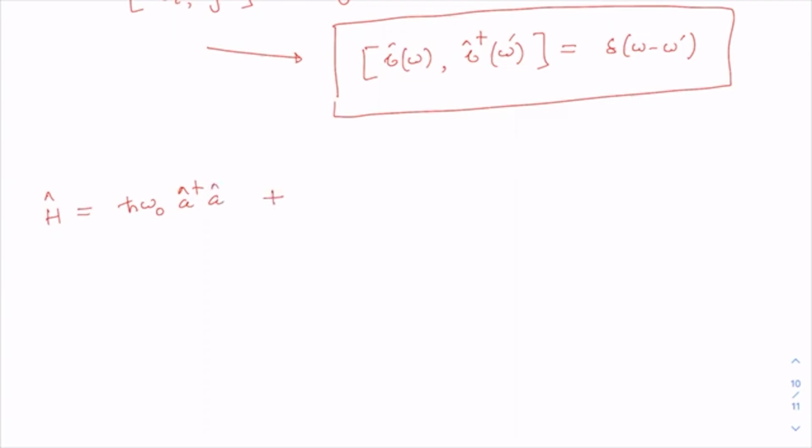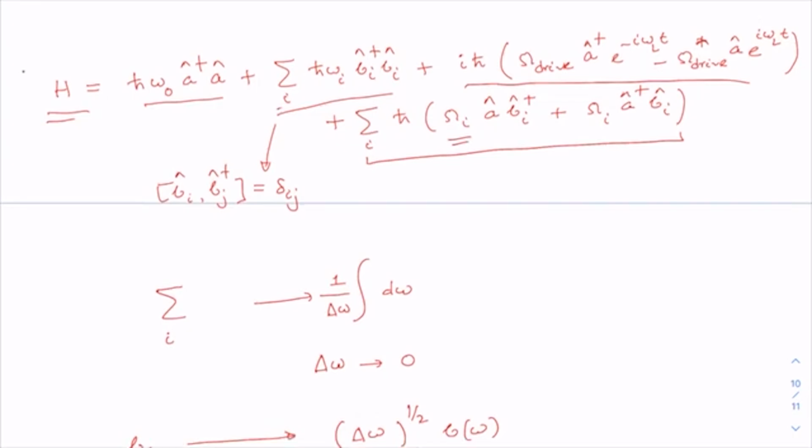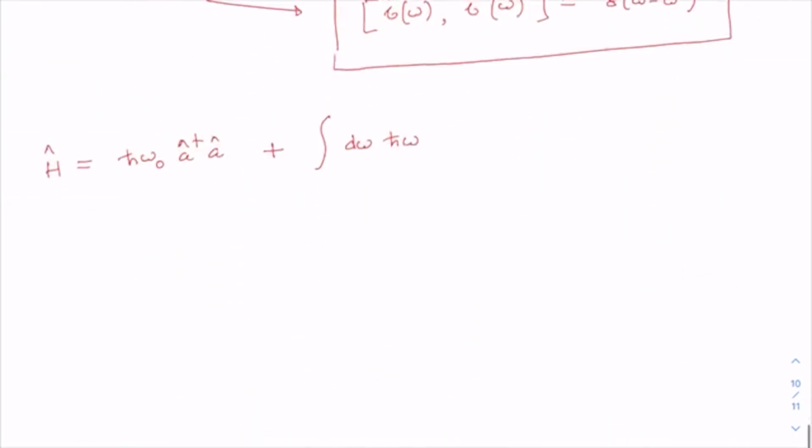The bath oscillators are now going from the discrete to the continuum, so we have integration d omega h cross omega b dagger of omega b of omega. Let me just show you: this summation is now replaced by an integral. And this external laser drive would remain the same because it just involves the optical mode only. It does not involve the bath oscillators, so it will remain as it is.